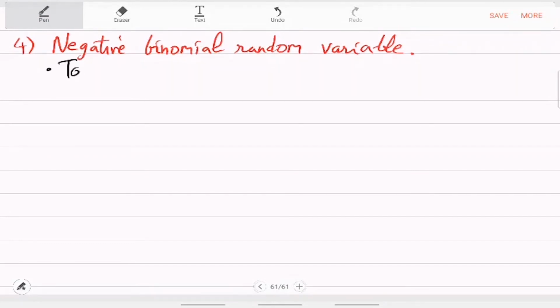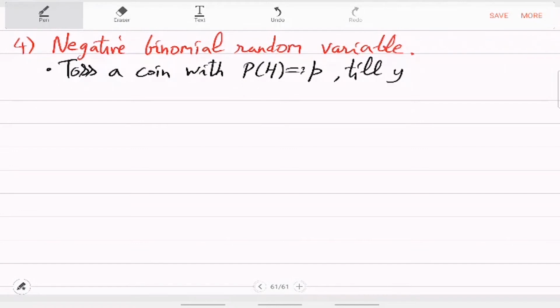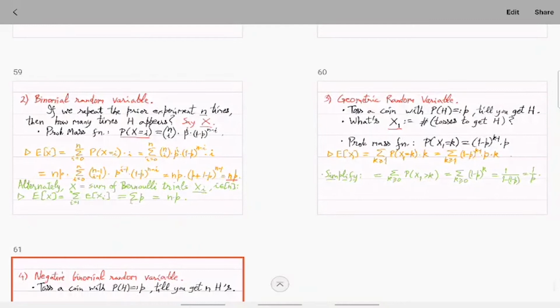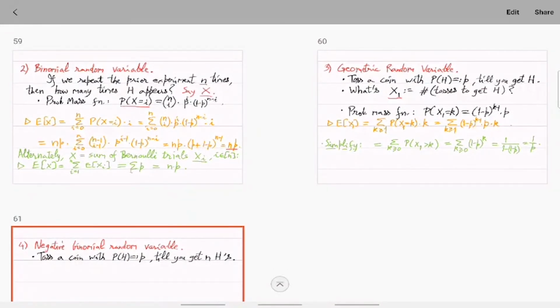Toss a coin with probability of head being p till you get n heads. You can compare this with the binomial random variable definition. There the experiment was for n times and you were looking at how many heads. Now you flip the scenario: you will keep tossing till you get n heads.